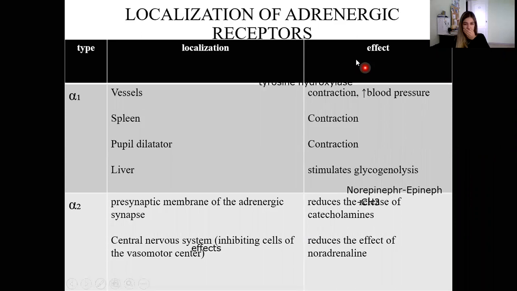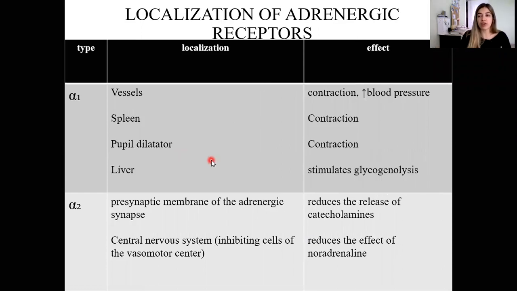Okay, and as I promised, we will talk about the effects which different types of adrenergic receptors can make. First type of adrenergic receptors is alpha-1 adrenergic receptor. They are located in the vessels, predominantly, which leads to the contraction of blood vessels, and it, of course, increases the blood pressure.